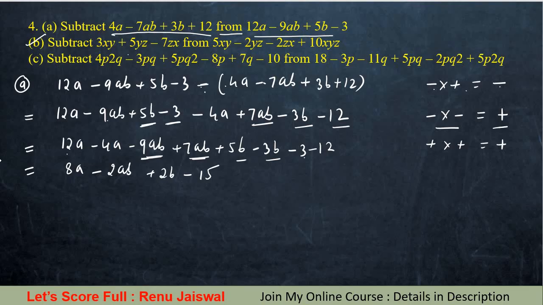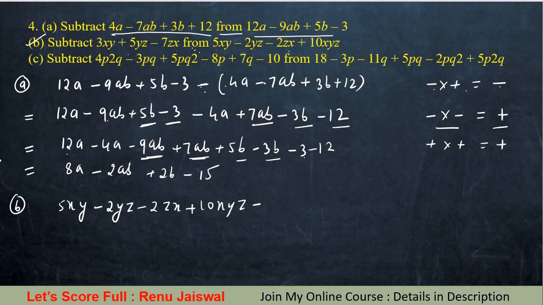Let's take the second question. So it says this from this. Again, after from, whatever the term is, you have to write that first. So it is 5xy minus 2yz minus 2zx plus 10xyz, right? Then what?